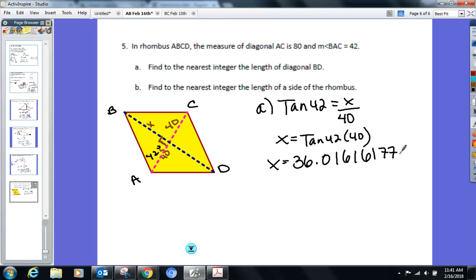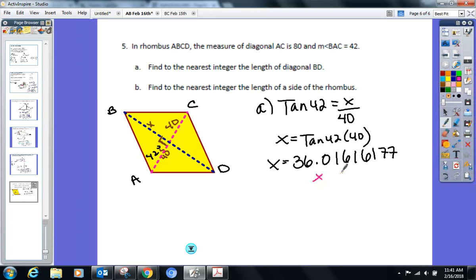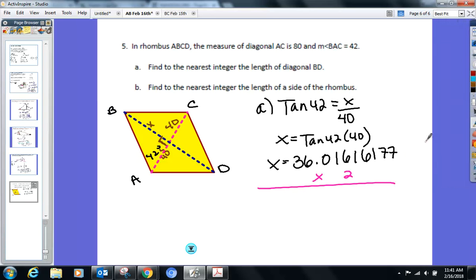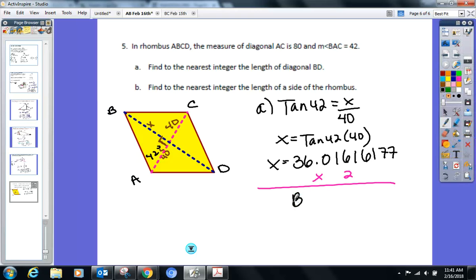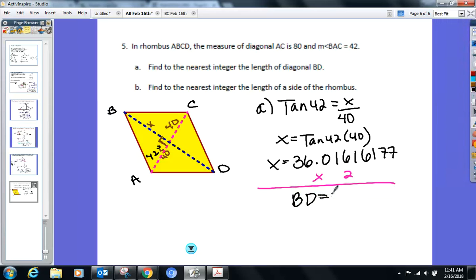Round when you get the full number. Once you find the full diagonal, you can round. I didn't round because I still have to multiply it by 2. After I multiply it by 2, then you can round it to the nearest integer. A lot of you got 36.0, and then multiplying it by 2, you get BD to the nearest integer, 72.